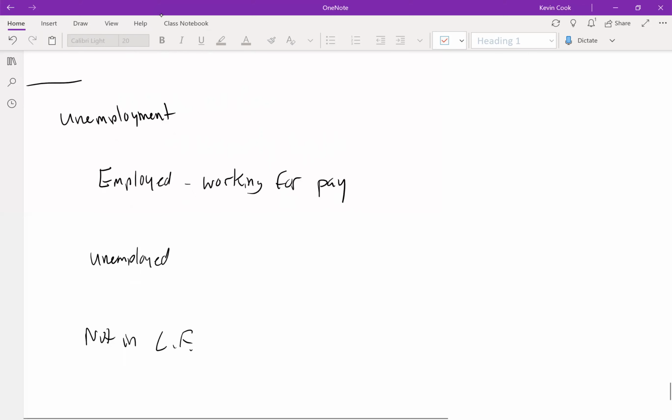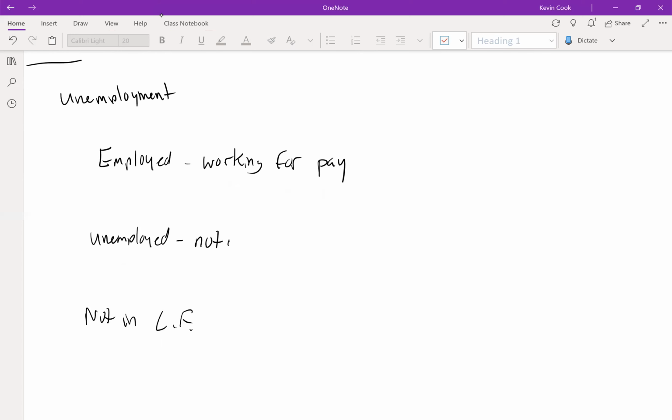Your unemployed are going to be those who are not working, but they are looking for work. So something happens, I lose my job, and once I lose my job, I get back on the market and I'm looking for work. Looking for work is considered in the past 4 weeks.